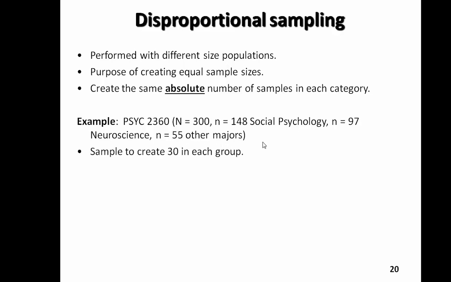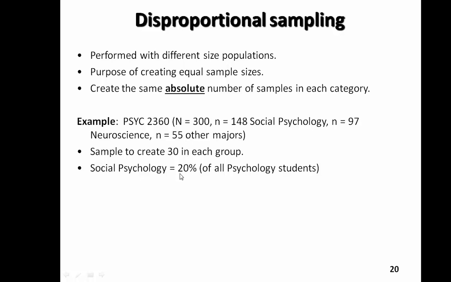And so the researchers in this particular study have decided that they wish to create sample sizes of 30 in each group, an absolute number. So 30 participants are sampled, are approached that are focused on social psychology, 30 in neuroscience, and 30 in other majors.